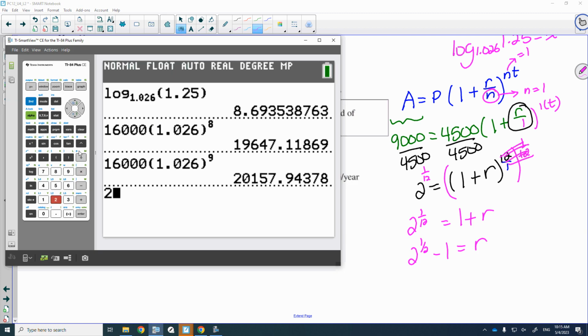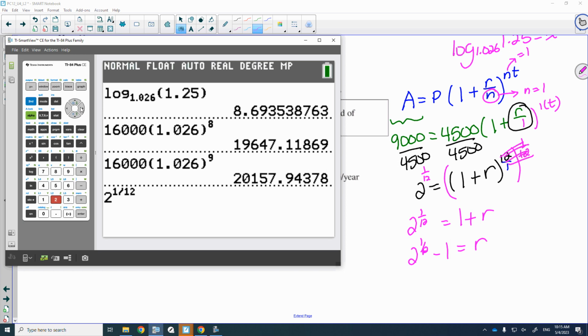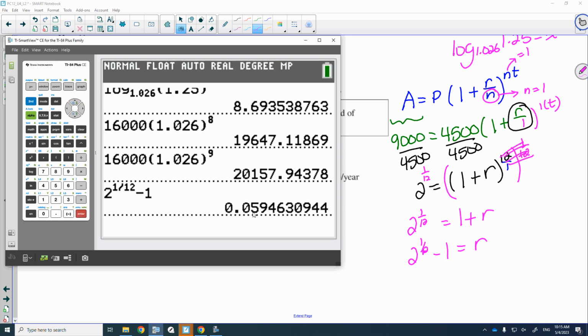So 2 to the power of 1/12. Oops, I'm missing a 1 here. That guy minus 1 is going to give me that. What percentage is that?